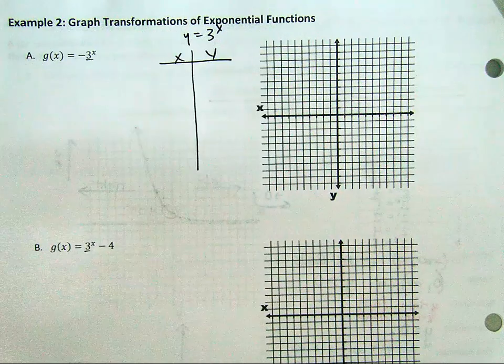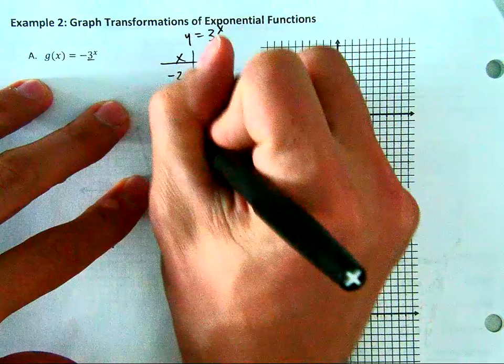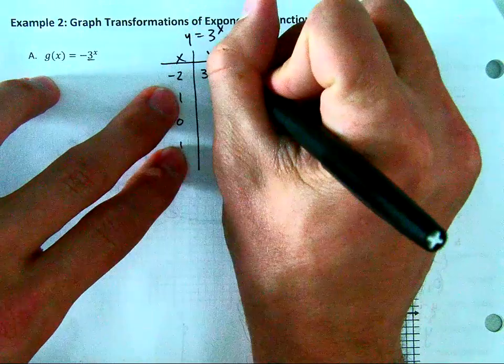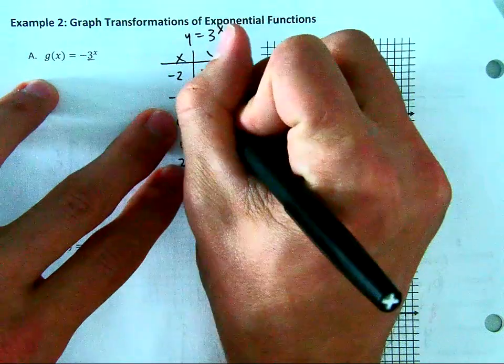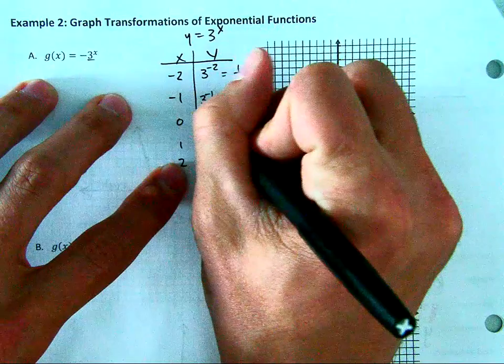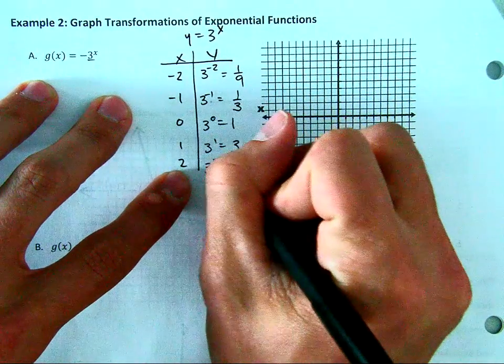So if I just want some nice points, okay, when x is -2, that'll be 1/9. This is 1/3. It's 1, 3, 9. All right, so y equals 3 to the x.